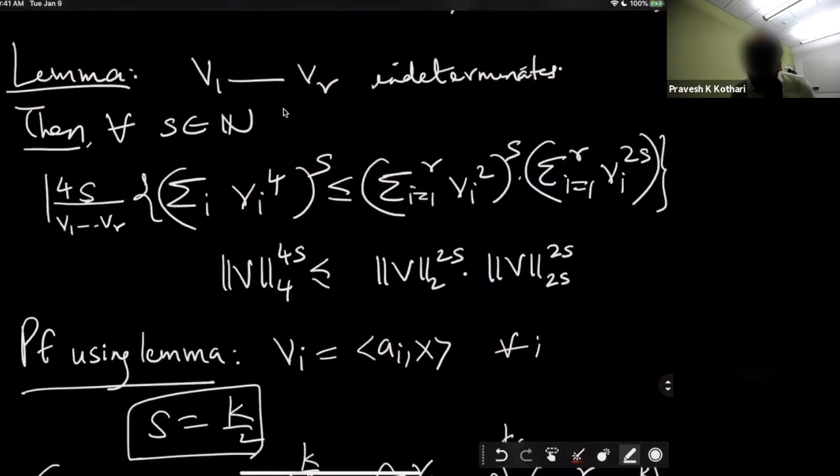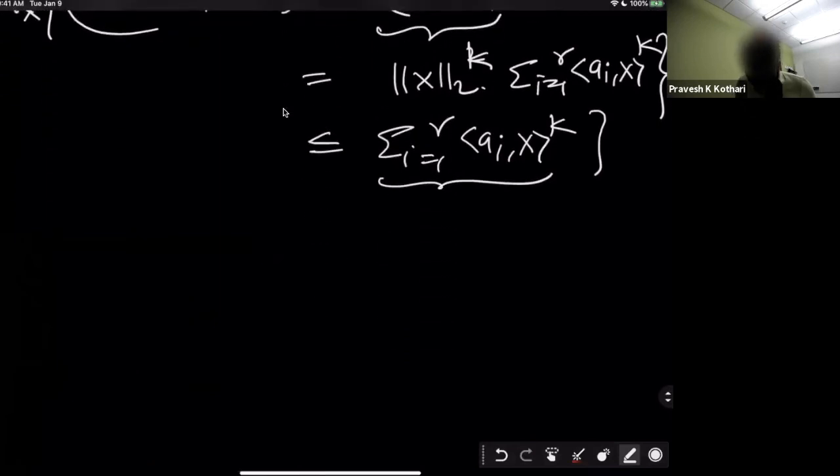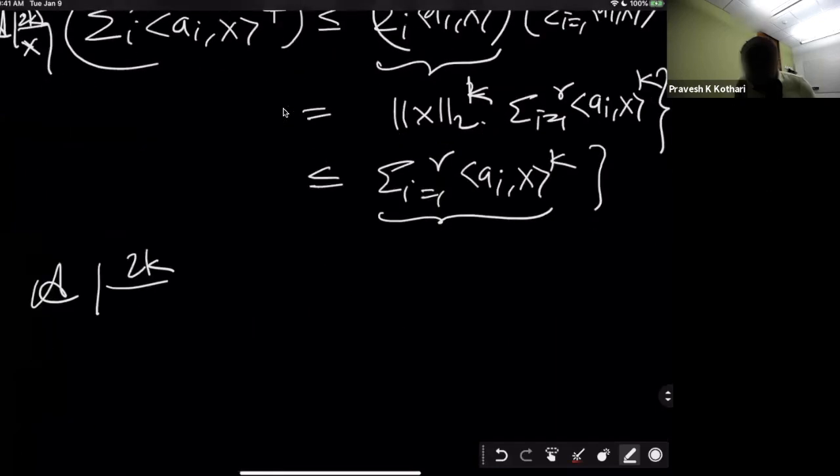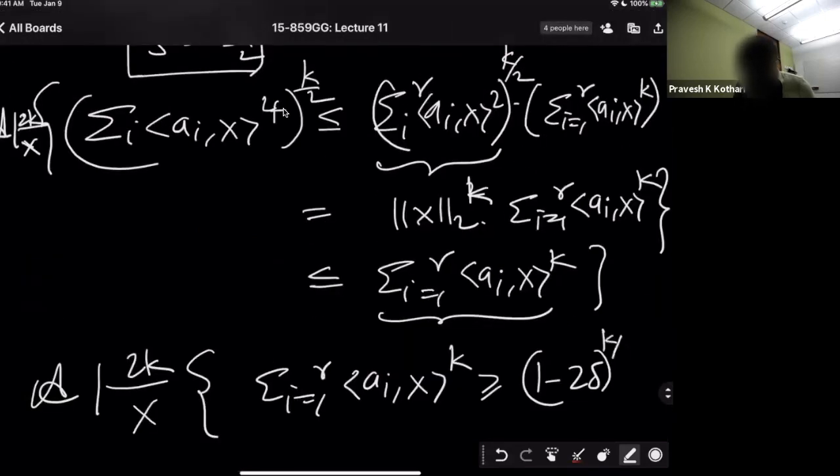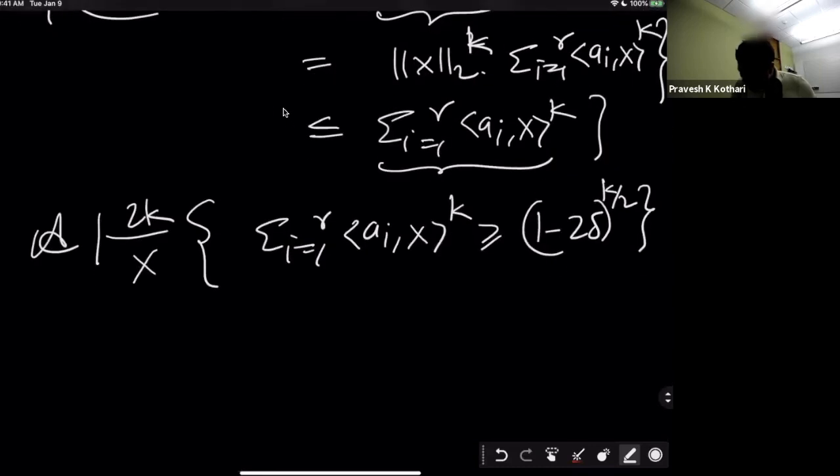So now if I use it, I get a lower bound: the sum of (ai dot x) to the k is at least (1 minus 2 delta) to the k over 2. And now if I did it correctly, this is at least 1 minus k delta.